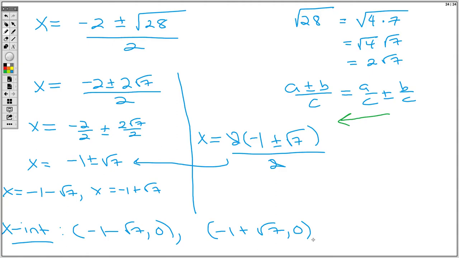Now, for practical reasons, you may want to approximate these. Let's think about the square root of 7. Well, it's got to be less than the square root of 9, but bigger than the square root of 4. So it's somewhere between 2 and 3.